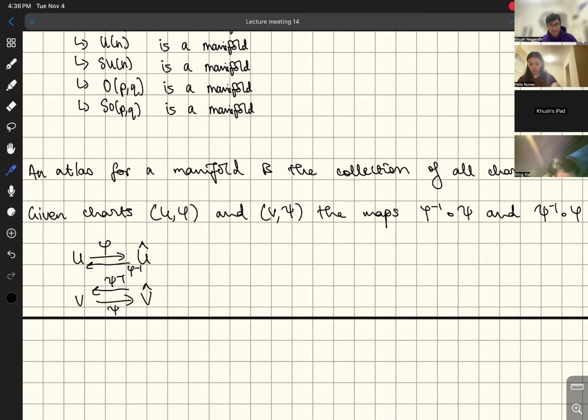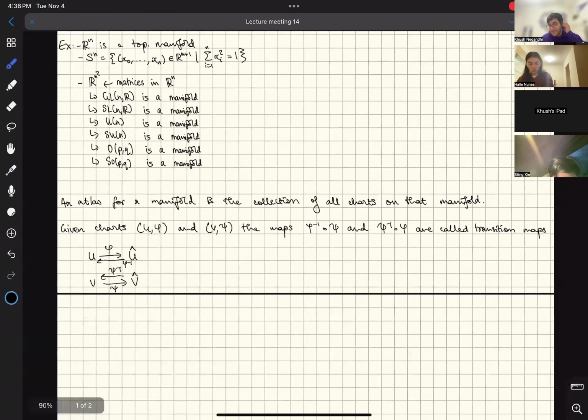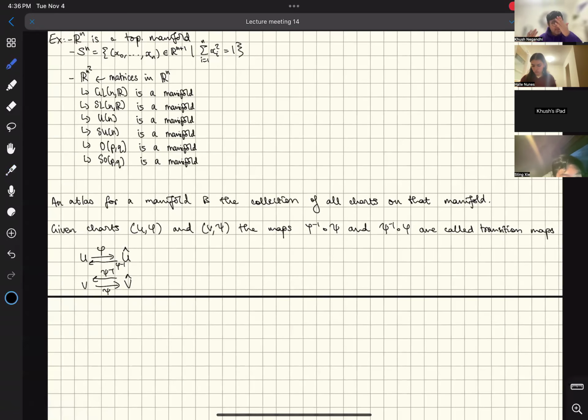You need U and V to intersect, otherwise these maps are empty.